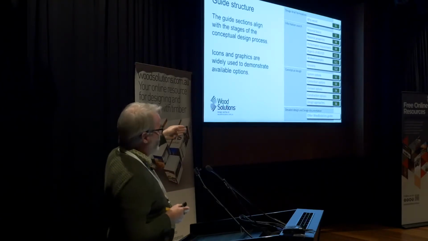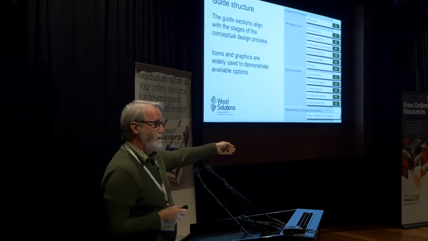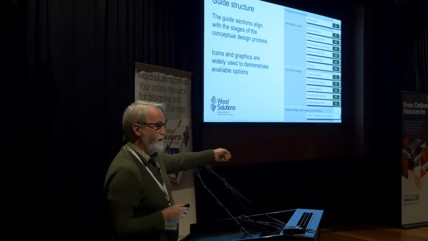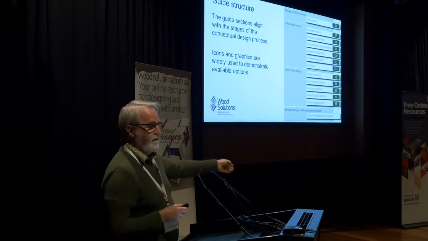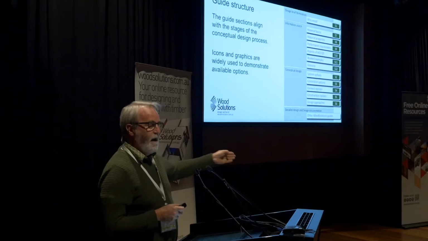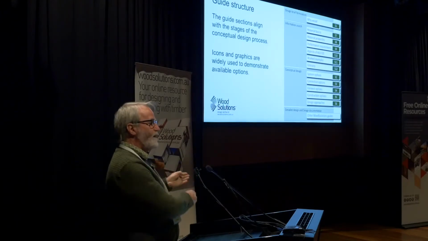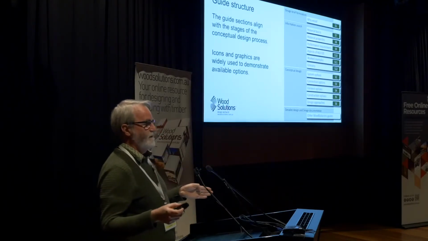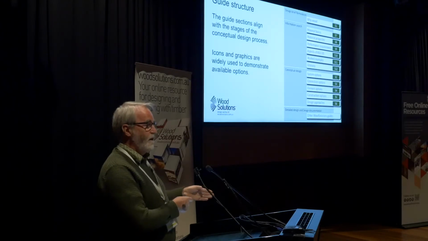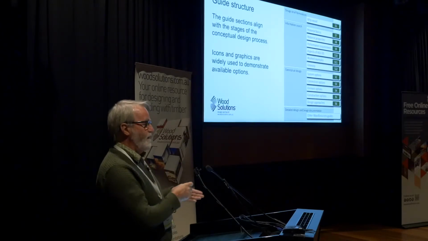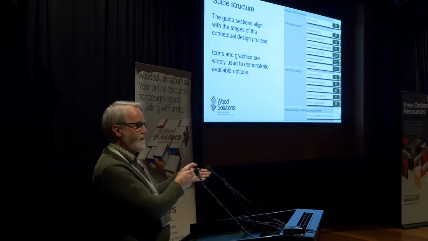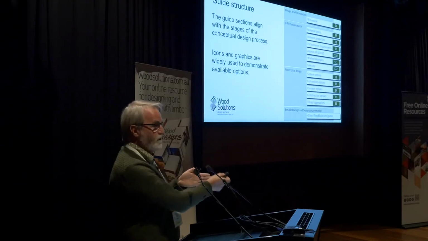The guide doesn't want to go into detailed design. It doesn't want to provide you a fire detail or show you how to design for durability, but it wants to direct you to the other guides that do that. So it becomes a directory, so that you know that at this stage you should go off and get that guide and look at it in more detail.